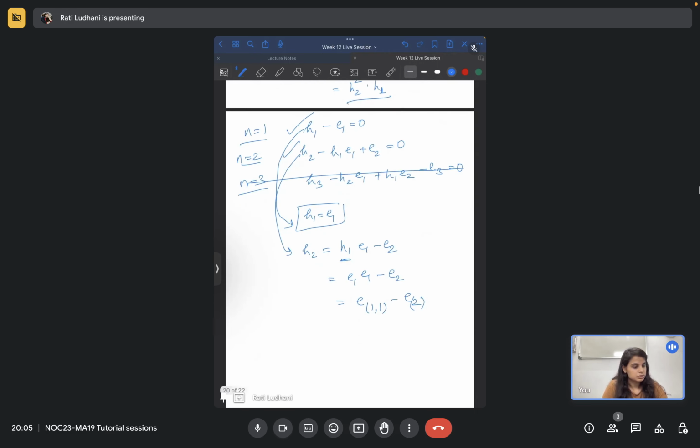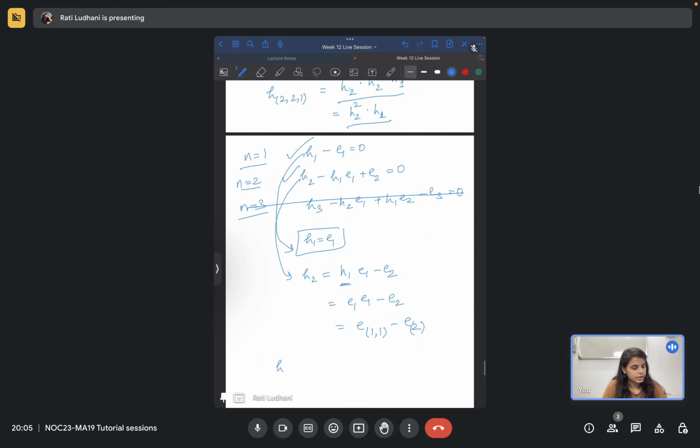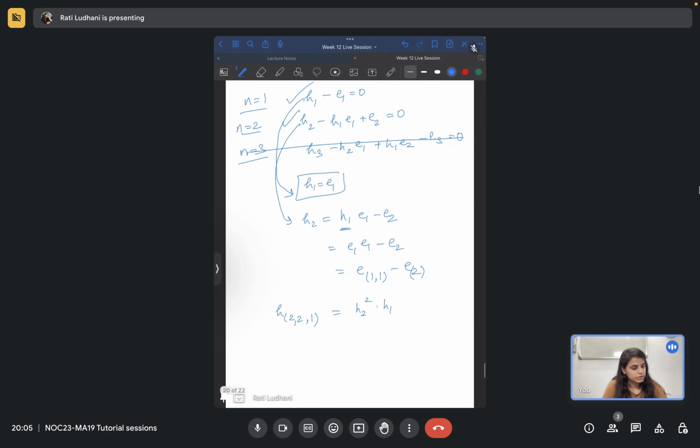So h21 is equal to h2 square into h1. I'm writing first in this form and then I'll write it in the other form. So e1 square minus e2, and you will do the square of this, into h1 which is e1.